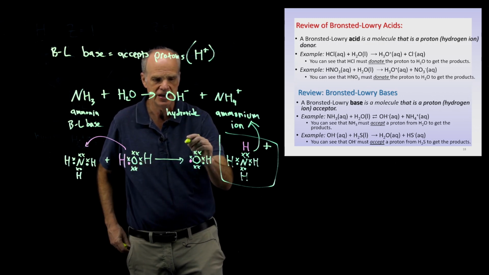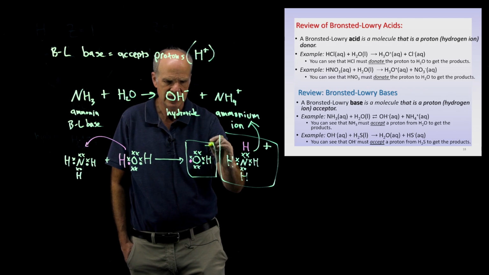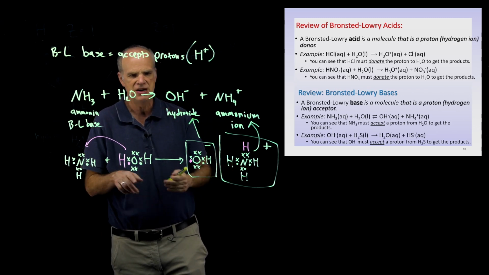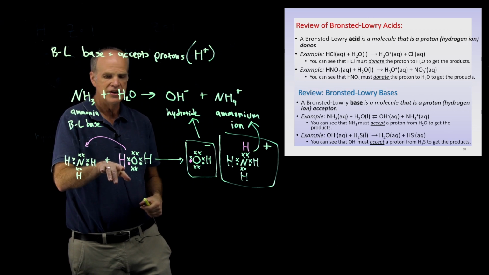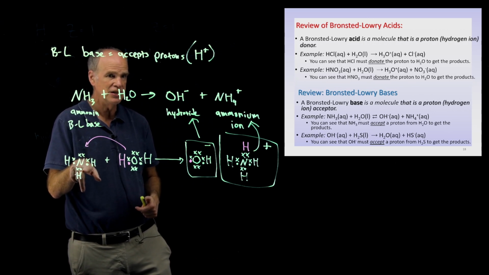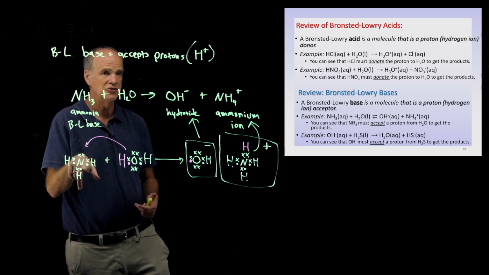So now this thing has an extra electron, and so it'll have a negative charge. And so this is hydroxide. Again, the major point here is that ammonia is not accepting a hydrogen atom. It is accepting a hydrogen ion, it's accepting a proton. So that is a Bronsted-Lowry base.